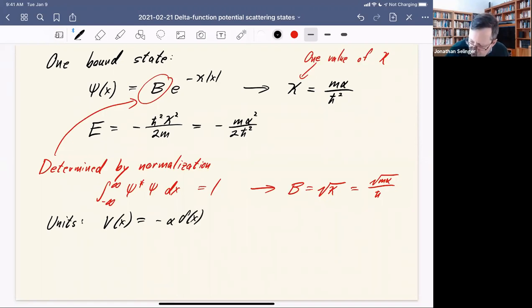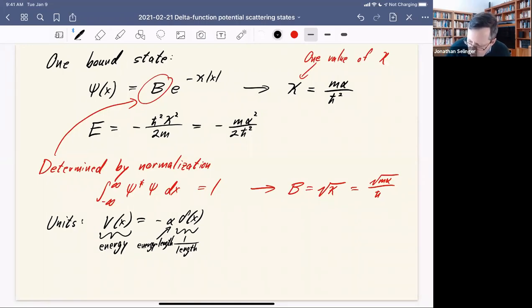The potential energy has units of energy, and delta of x has units of 1 over length. Therefore, the parameter alpha has to have units of energy times length.